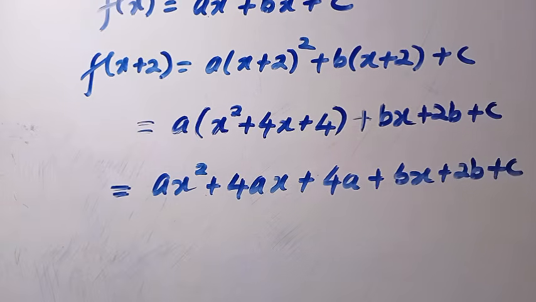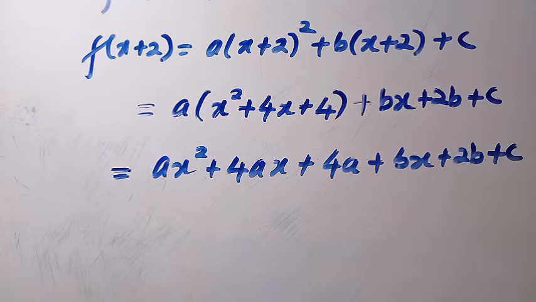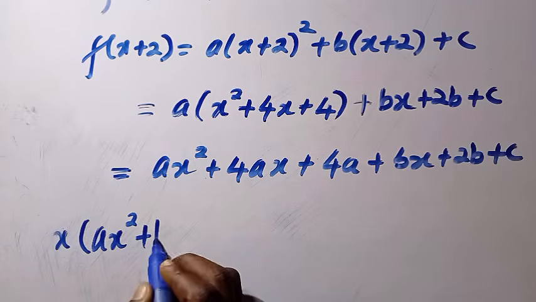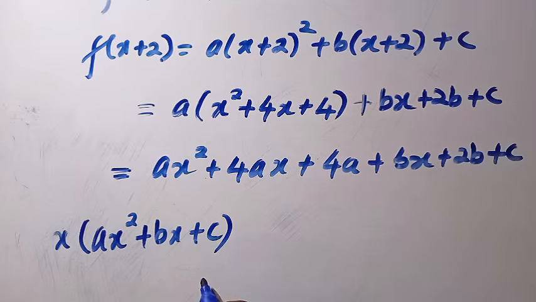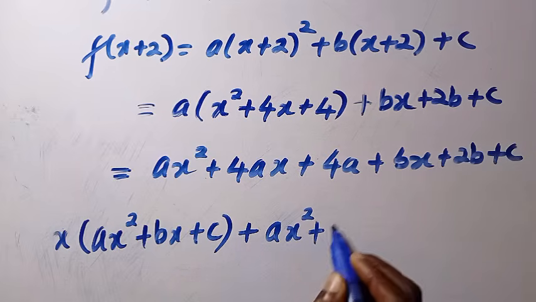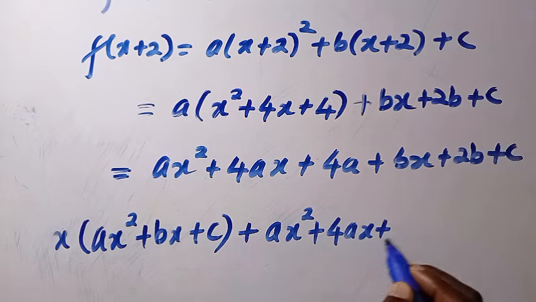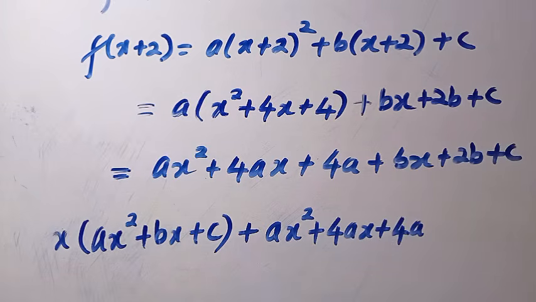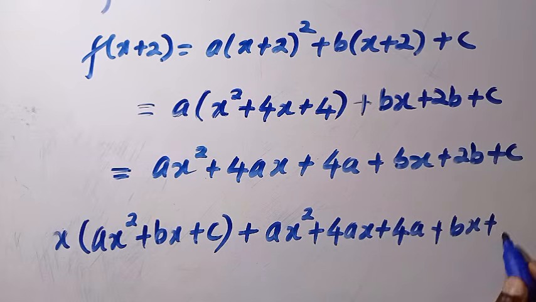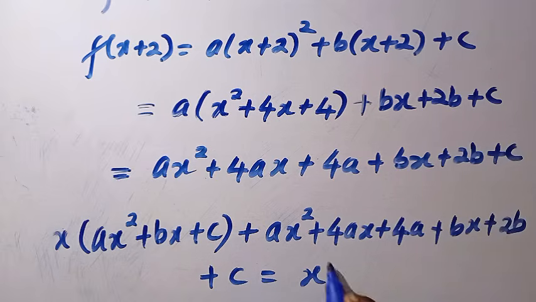And if I bring it together with f(x) multiplied by x plus f(x+2) equals x squared, we are going to have x times (ax squared plus bx plus c), then plus ax squared plus 4ax plus 4a, and we have plus bx plus 2b plus c equals x squared.